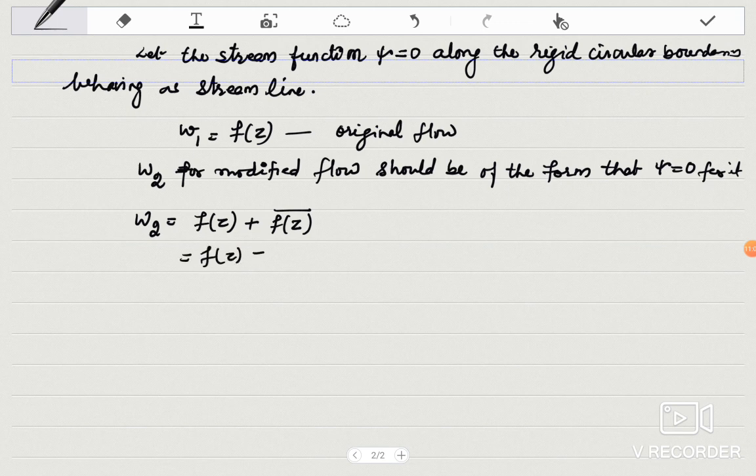We may write it as F(z) plus, because z bar is equal to a square upon z, so it is F of a square upon z.